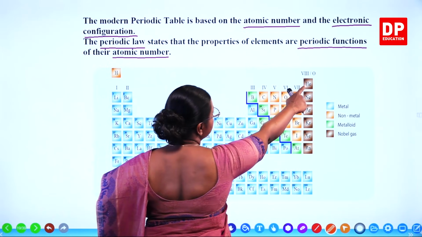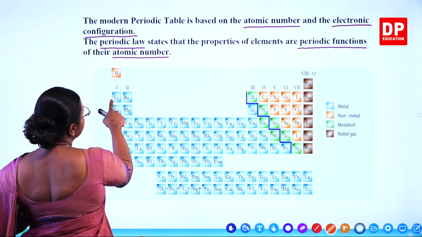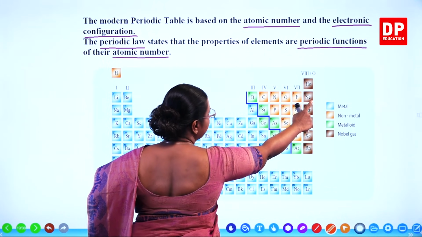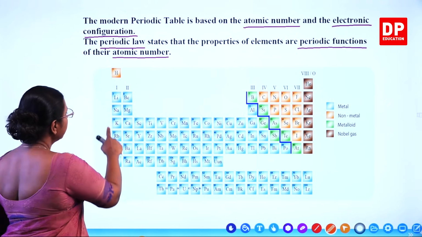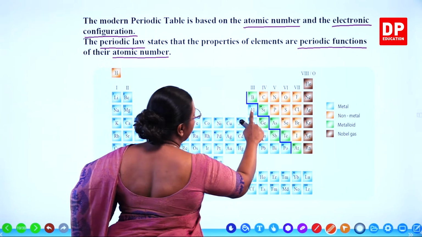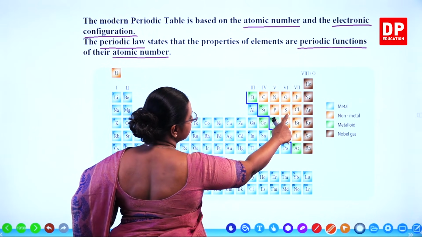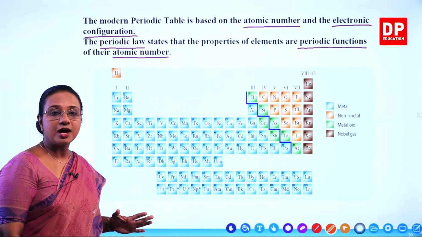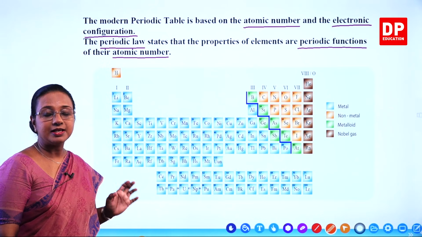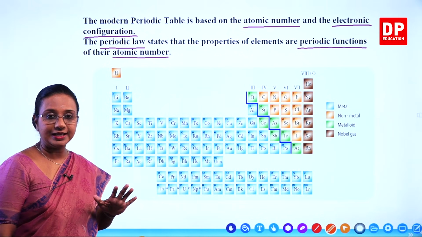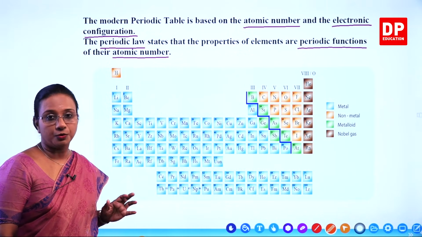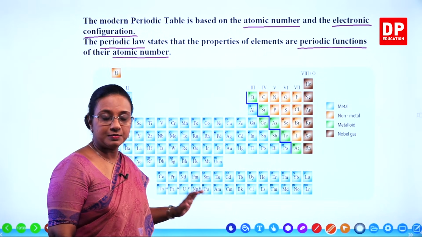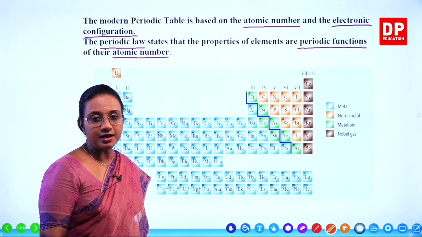Then we have atomic number 2, helium, lithium, beryllium, boron, carbon, nitrogen, oxygen, fluorine, neon, atomic number 10, sodium, magnesium, aluminium, silicon, phosphorus, sulfur, chlorine, argon, potassium and calcium. Those are the first 20 elements, atomic numbers from 1 to 20, that you have to know. In addition to that, there are so many other elements. About 115 elements are here.